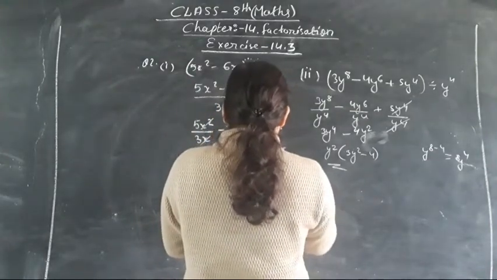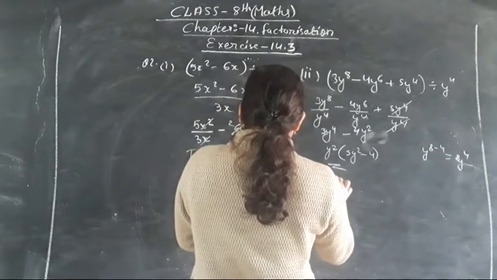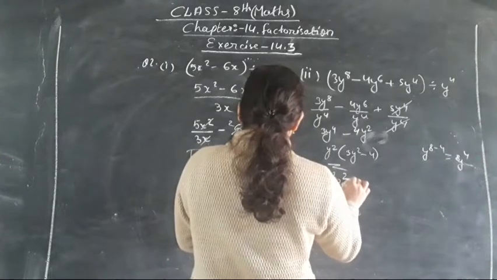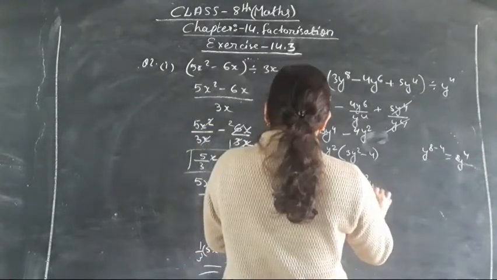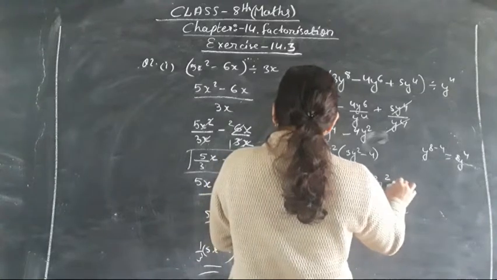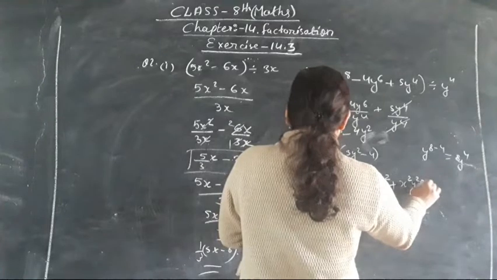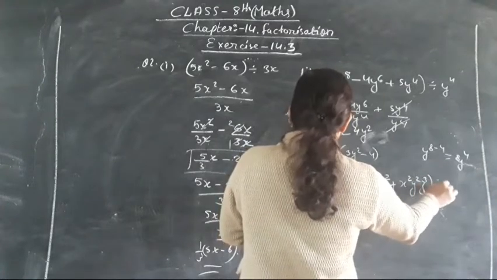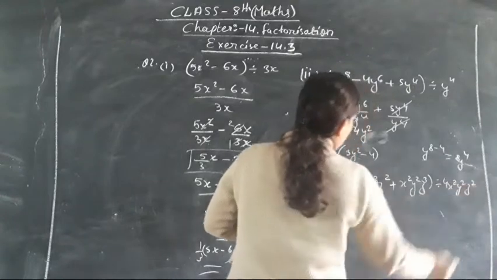8 into x cube y square z square plus x square y cube z square plus x square y square z cube divided by 4x square y square z square. This is the equation.